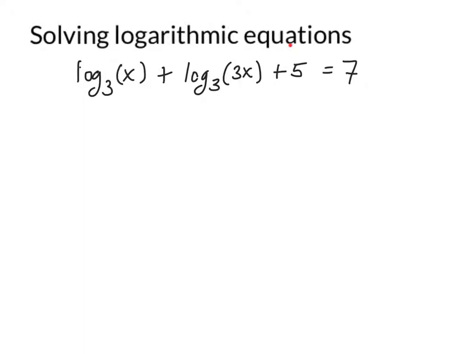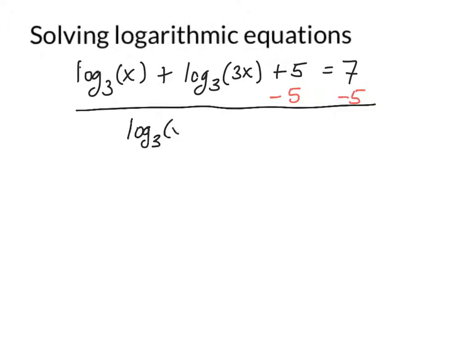So step 1, I'll try to take this 5 and maybe bring it over to the other side. In order to do that, I'm going to subtract 5 from both sides. And where we end up is we get log base 3 of x plus log base 3 of 3x is equal to 2.